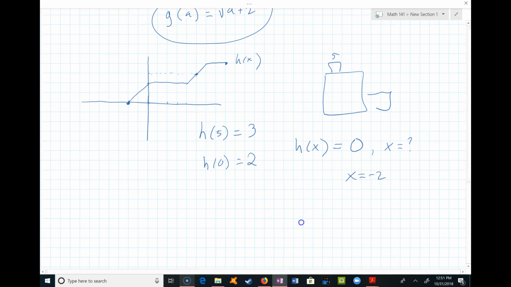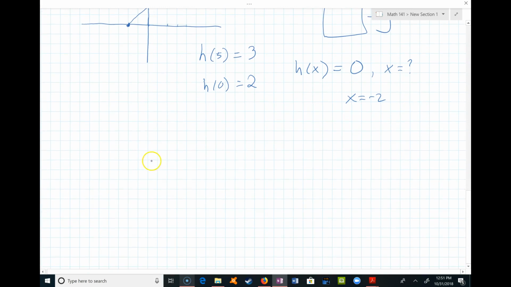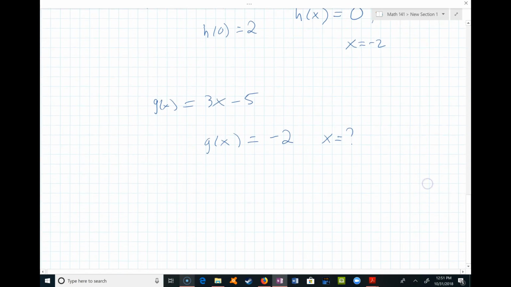So you could ask that same question with an equation. Let's say that I have g of x is equal to 3x minus 5. Okay? And then I say g of x happens to be equal to -2. Do you have any idea what x is? X equals what? Well, since this is telling me that g of x is -2, that means I just need to find an x that will make g be -2.